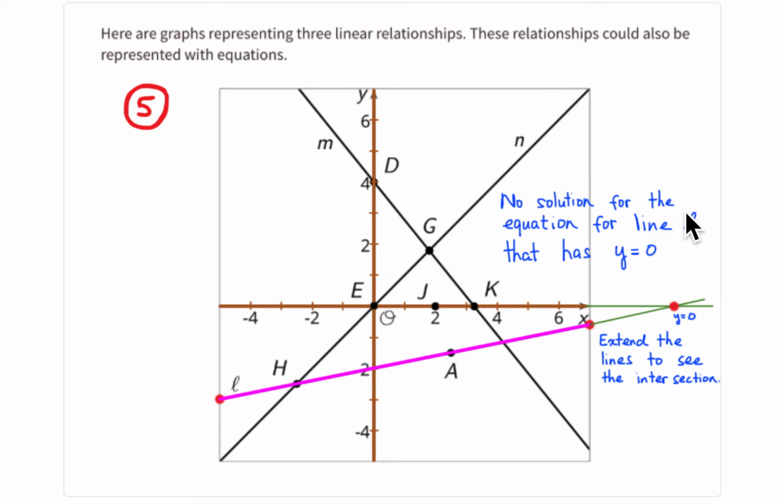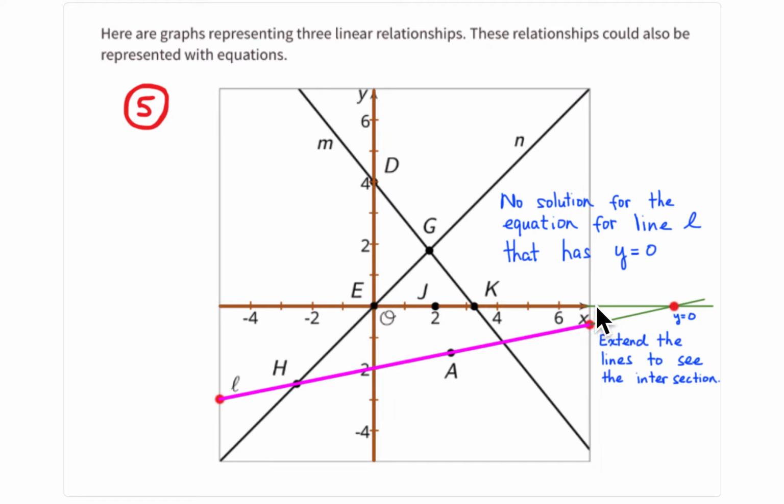Number 5, no solution for the equation for line L that has y equals 0. So here's line L, and they're saying because it doesn't cross the x-axis, and when it crosses the x-axis, y is equal to 0, it's not going up or down. Because it doesn't cross the x-axis, they're saying there's no solution where y equals 0. But that's not true. That's false, because all you have to do is extend these lines out farther.